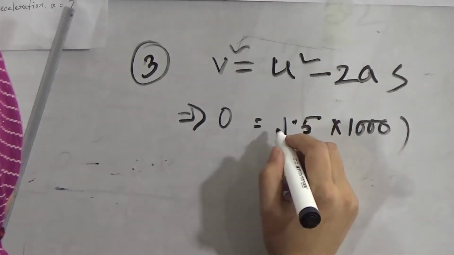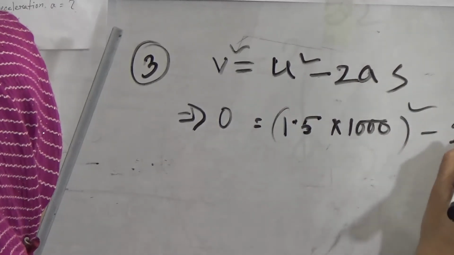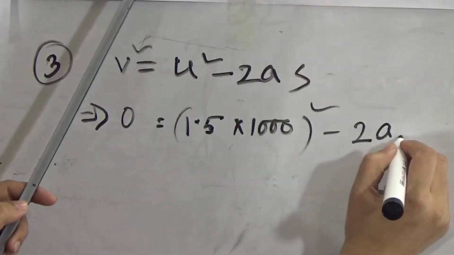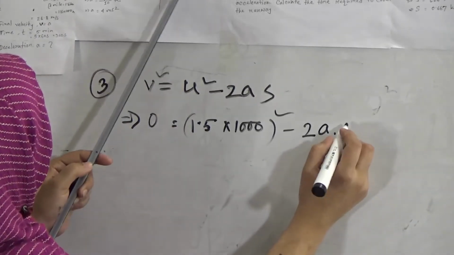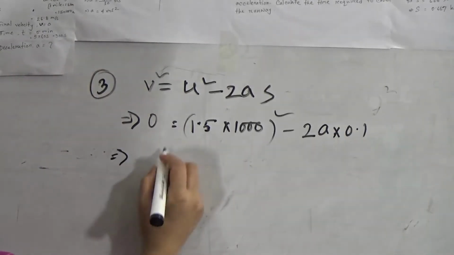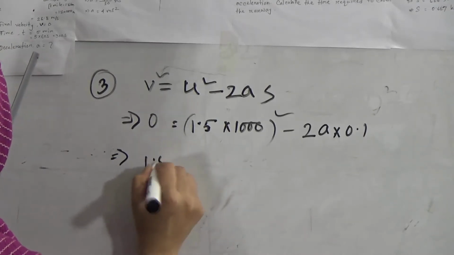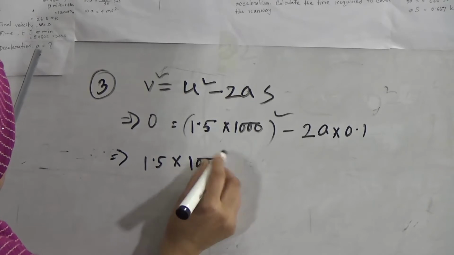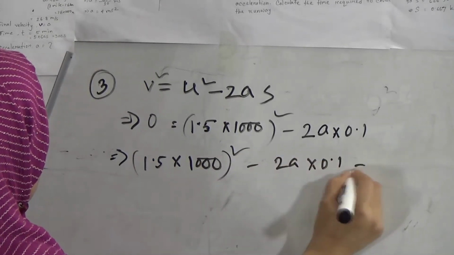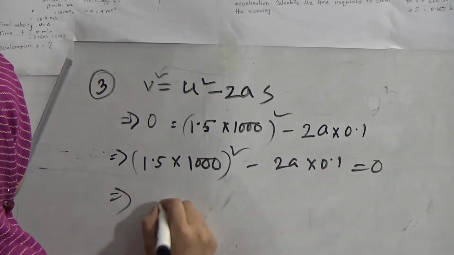We have to find the acceleration, that means deceleration, and displacement is 0.1. So 1.5 into 1000 square minus 2a into 0.1 equals 0.